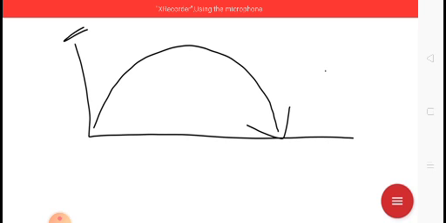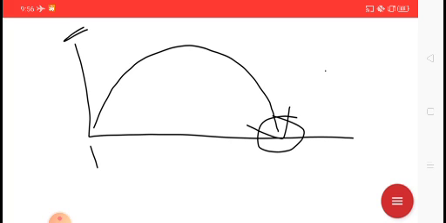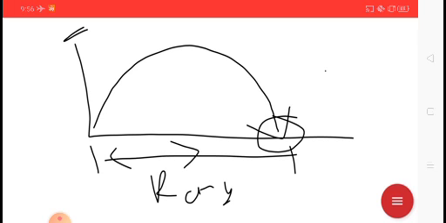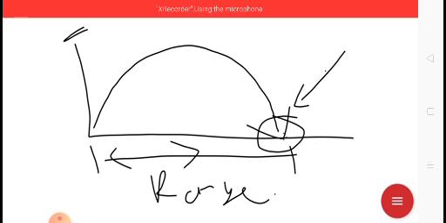If you want to find the distance from here to here, this is the range. You should find when the object reaches this end point, right? So how are you going to find that?